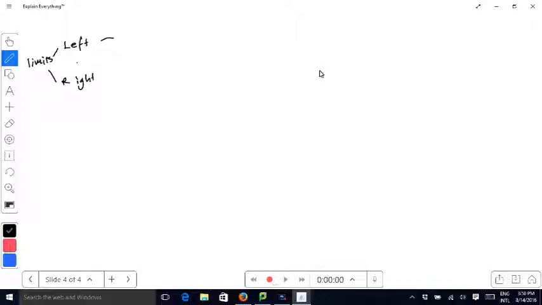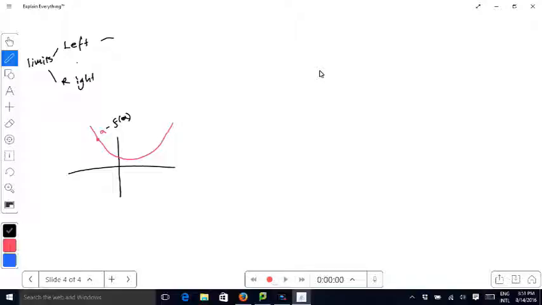For a left limit, I'm just concerned with what happens to the function as we approach that point. So if I've got x squared and I've got the point a, I might not be interested at the point f of a, sorry.